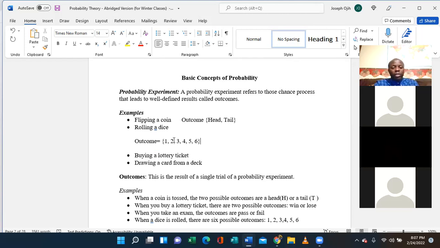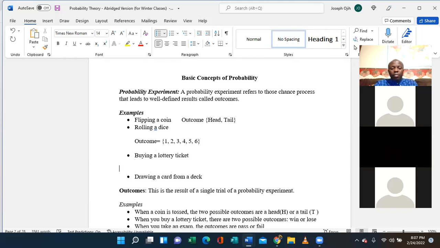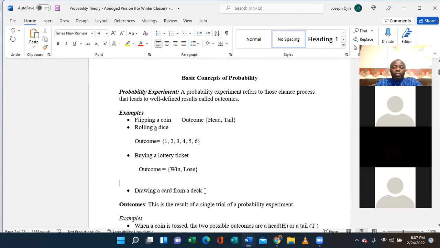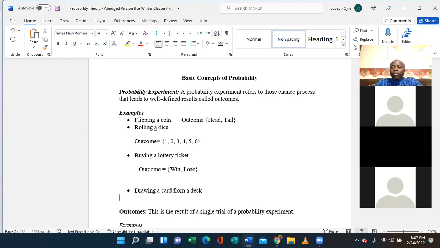How about if you buy a lottery ticket? Buying a lottery ticket is also a probability experiment because it has an outcome: either you win or you lose. Drawing a card from a deck and getting any of the cards has an outcome as well.